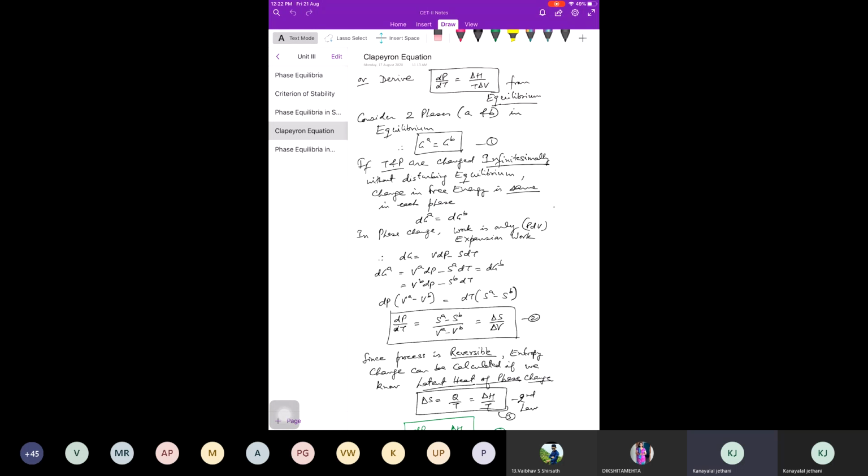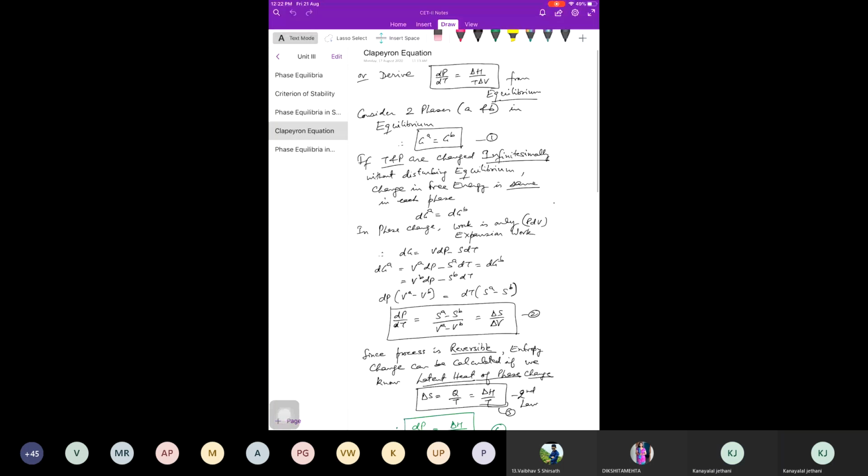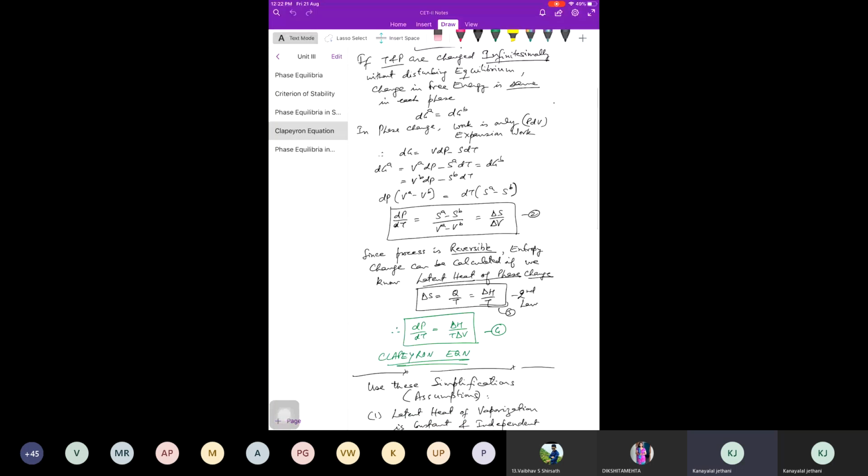ये बताया था पहले आपको मैंने, याद है? So when there is a phase change, whether from solid to liquid or liquid to vapor, change in entropy is equal to Q by T, or latent heat upon temperature.